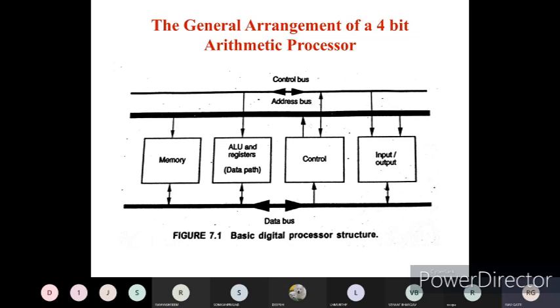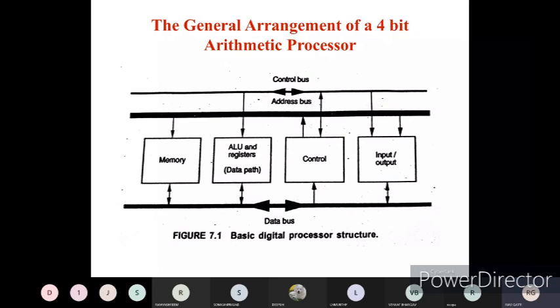Therefore for the data bus we have a bidirectional diagram, whereas in the case of the address bus, some require bidirectional and some require unidirectional. Based upon the operation of the control unit and of each entity of the block, we will be drawing the arrow marks. Carefully observe the arrow mark from the control unit.